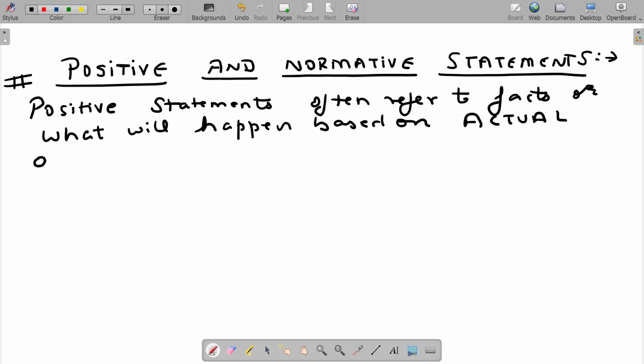Based on actual observation or evidence. When you are making a positive statement, it is backed by or supported by some evidence. You are not just passing a statement without any evidence. You have a strong observation to support what you are saying, and it's a fact.